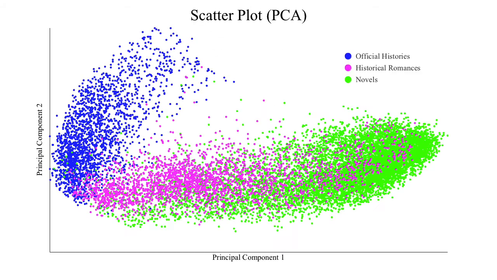Whereas the fiction tends not to be as dispersed as the histories. So, when we look at the original plot again, now we have a way of interpreting it. We can see that the novels tend to use more pronouns, be a little bit more vernacular, whereas the official histories, some of them very heavily focus on geographical spaces in ways that the fictional works don't.